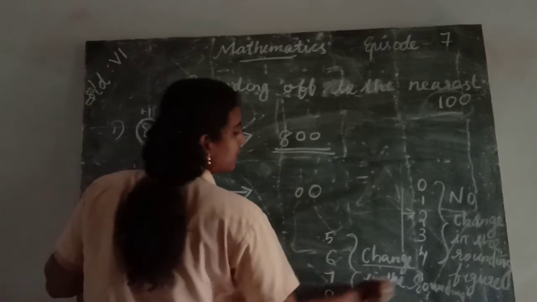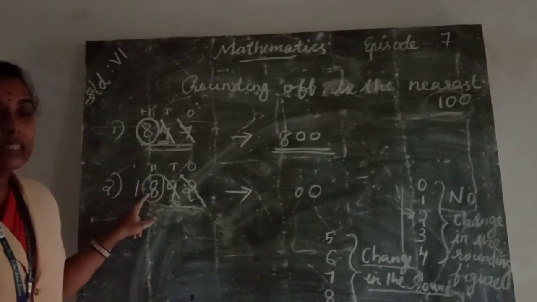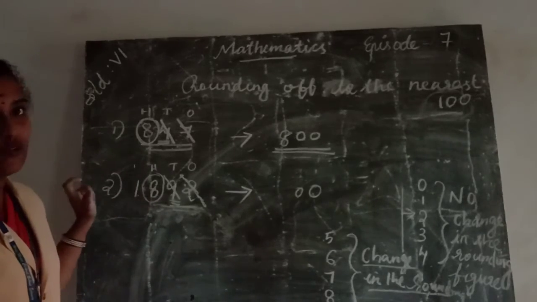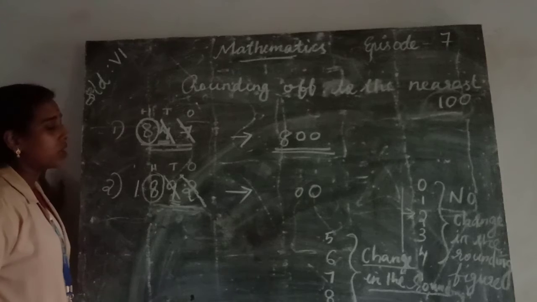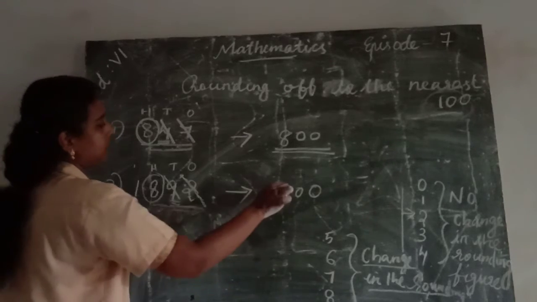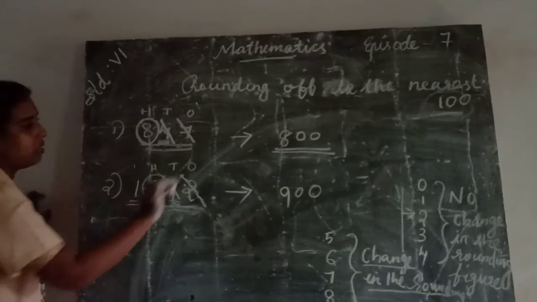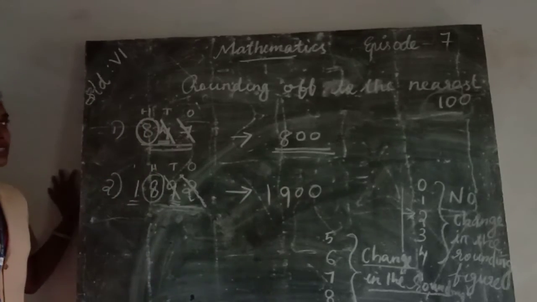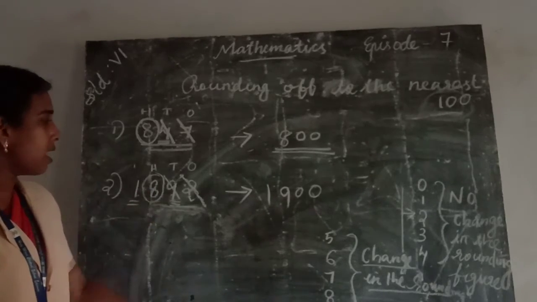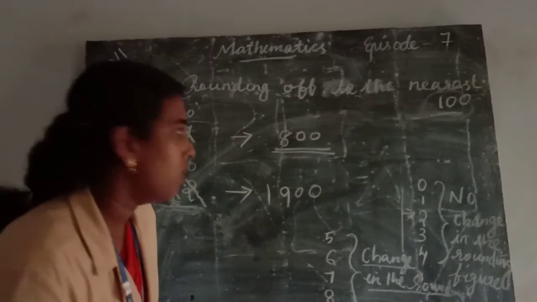Then there is a change in the rounding figure, which means we add 1 to the rounded digit. Here the rounded digit is 8. We add 1 to it, we get 8 plus 1, 9. So the nearest 100 to the numeral 1892 is 1900. Okay.